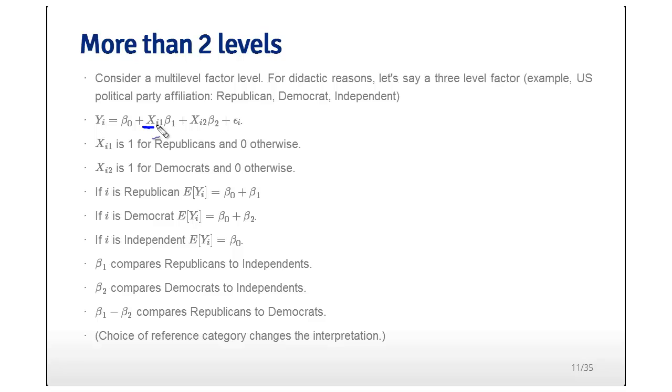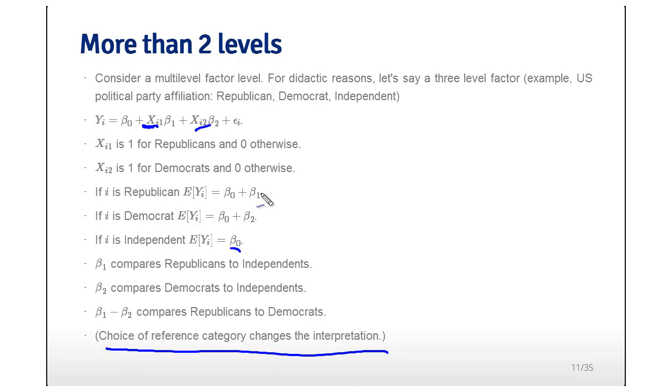We included a binary variable for Republicans, a binary variable for Democrats, and omitted the binary variable for Independents. If we had omitted the binary variable for Republicans and included the binary variable for Independents, then in that specific case, the Republicans would be the reference category. They would be the ones with only the intercept. So the choice of the reference category changes the interpretation.